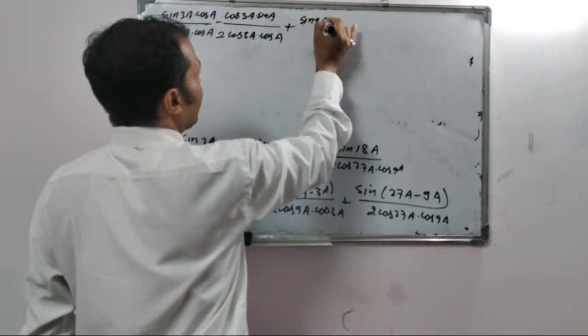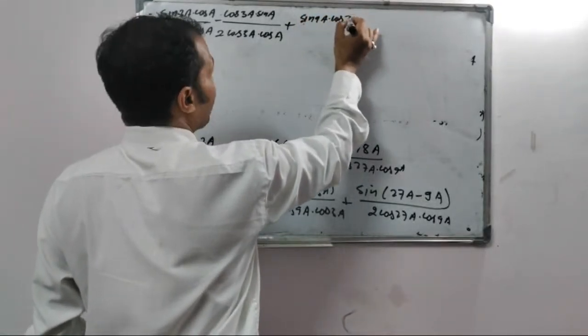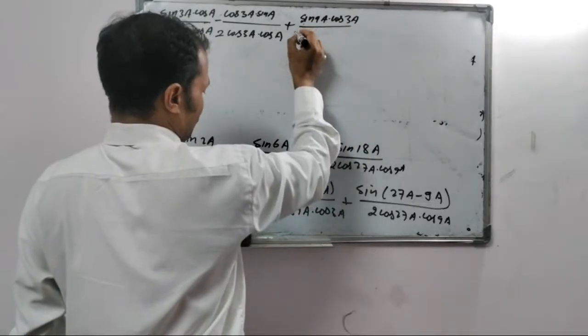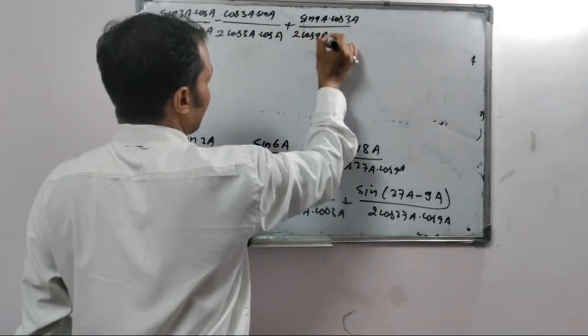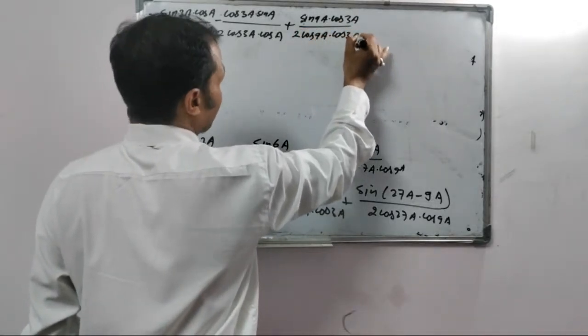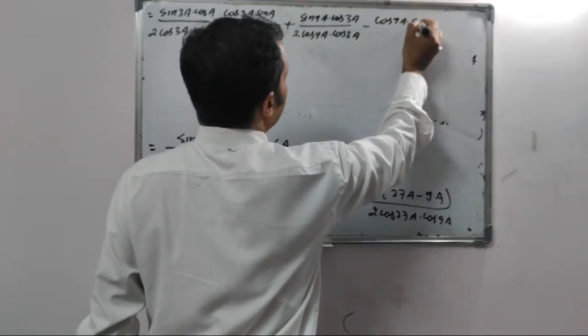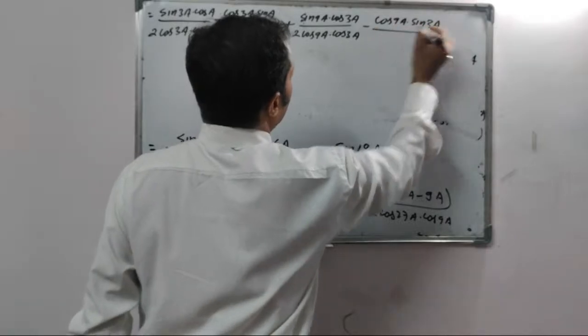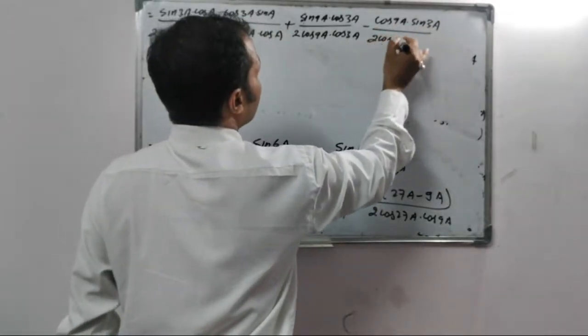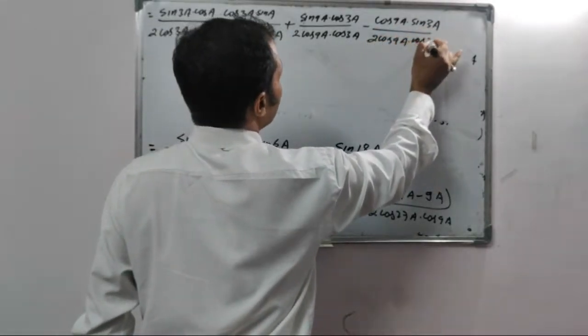Sin 9a into cos 3a upon 2 cos 9a into cos 3a, minus cos 9a into sin 3a by 2 cos 9a into cos 3a.